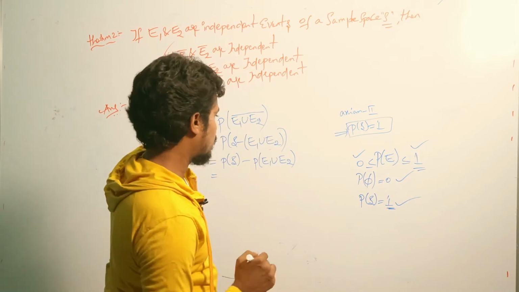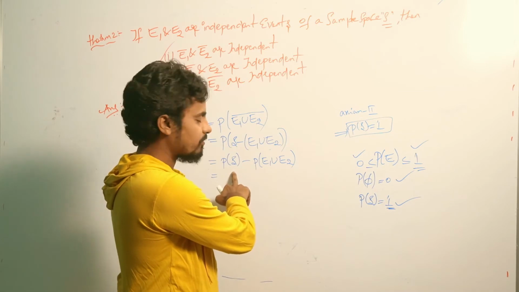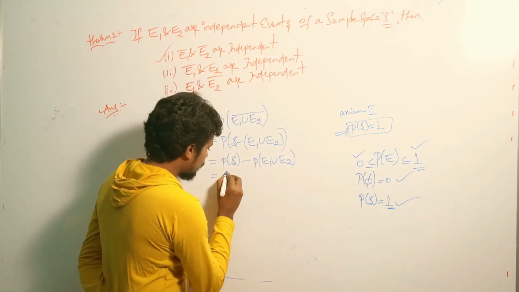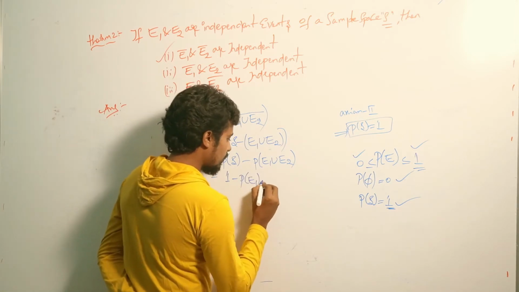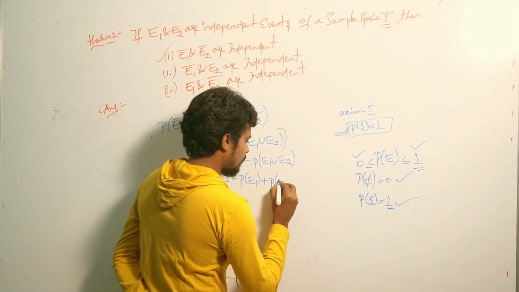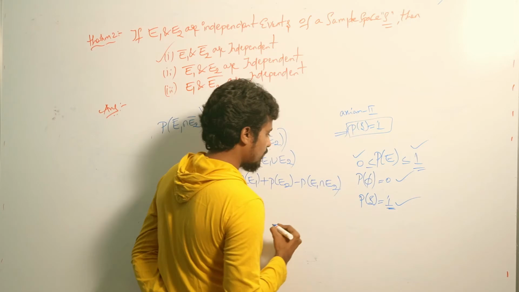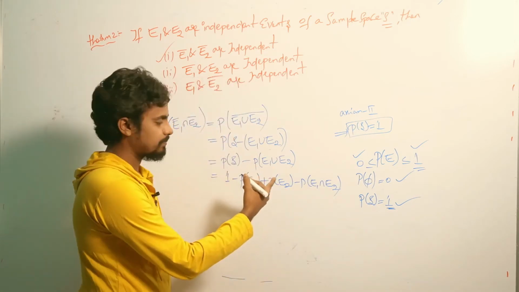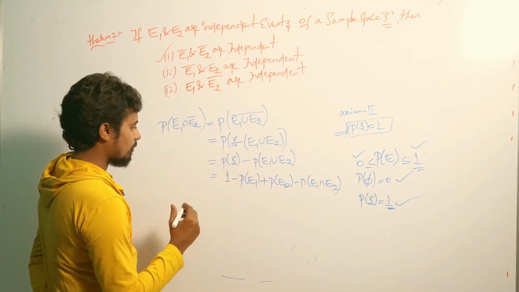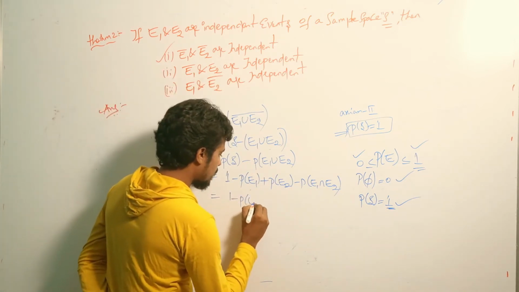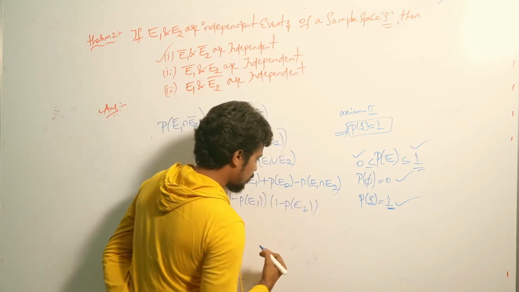And next, similarly, if you apply this, P of S we directly represent by 1. So 1 minus P of E1 plus P of E2 minus P of E1 intersection E2, since P of A union B is P of A plus P of B minus P of A intersection B, right? If you take the common factor, it becomes 1 minus P of E1 into 1 minus P of E2.